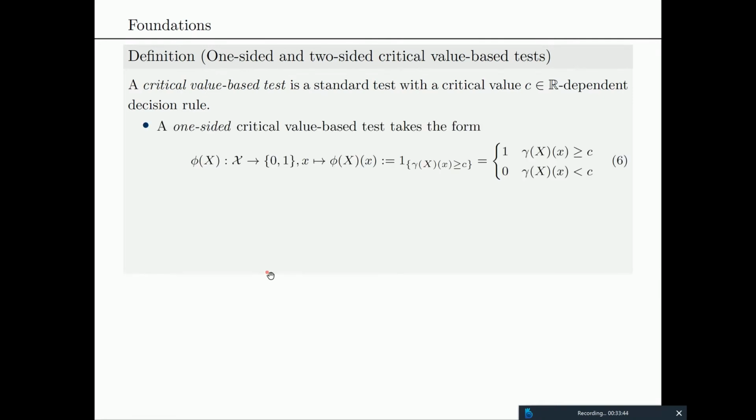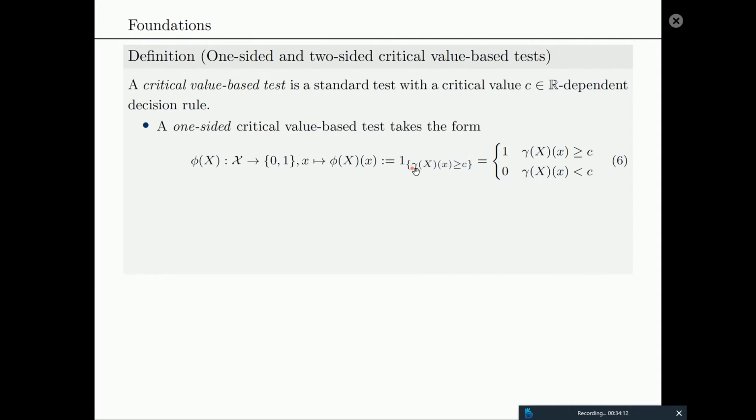A one-sided critical value-based test takes the form phi(x), that's our test, mapping from the sample outcome space to {0, 1}. To each value in the outcome space, we allocate a value of the test. And this is given by the indicator function, which is also defined here. If you're used to indicator functions, it's a little bit redundant; if you're not, it's explained here.